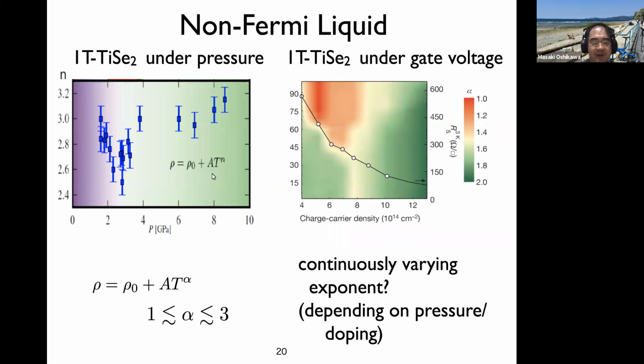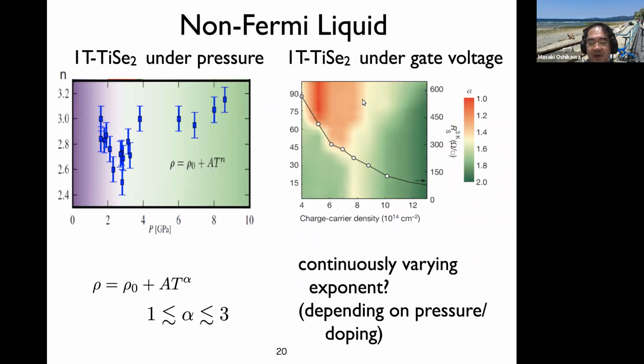The interesting point is that apparently this exponent alpha depends on parameters. Here they change the pressure and the temperature and fit the resistivity to this power law. In this pressure experiment, this exponent seems to vary between 2.5 and maybe 3.2.